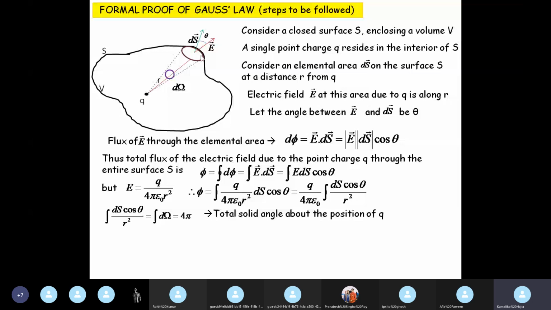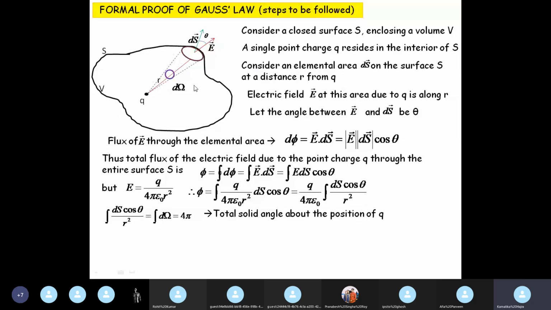So this is known as the solid angle. This is a concept of coordinate geometry which you may have encountered earlier. If not, you can just look up any geometry book. The angles that we talk about are two-dimensional angles. When we shift to three dimensions, then we talk about solid angles.